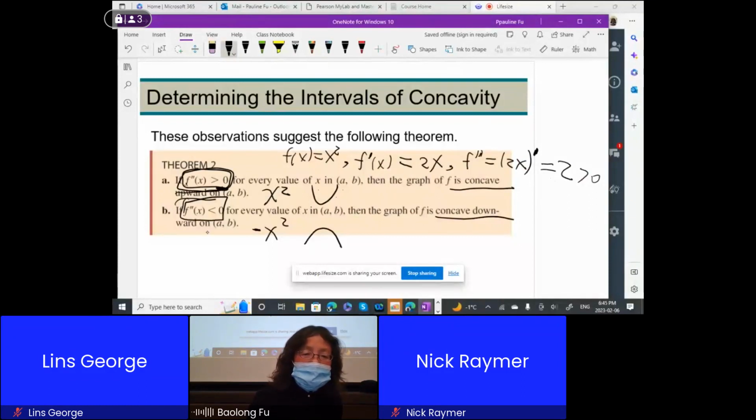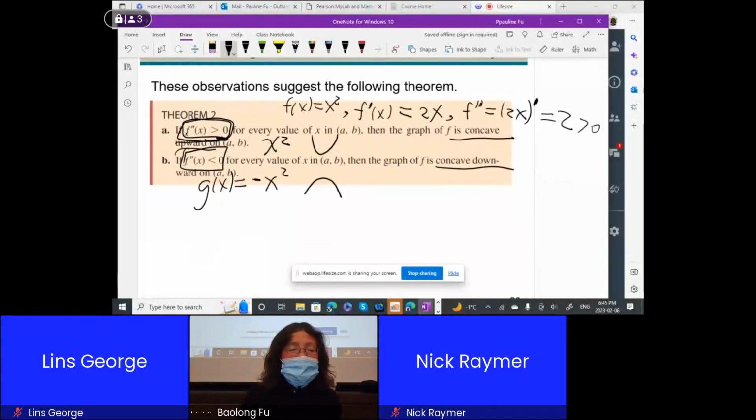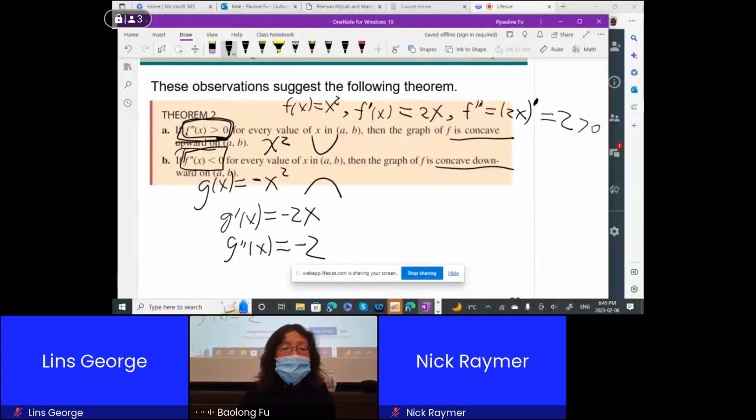Now let's do g(x). If g(x) equals negative x squared, the first derivative is negative 2x. The second derivative is -2. -2 is always smaller than 0.